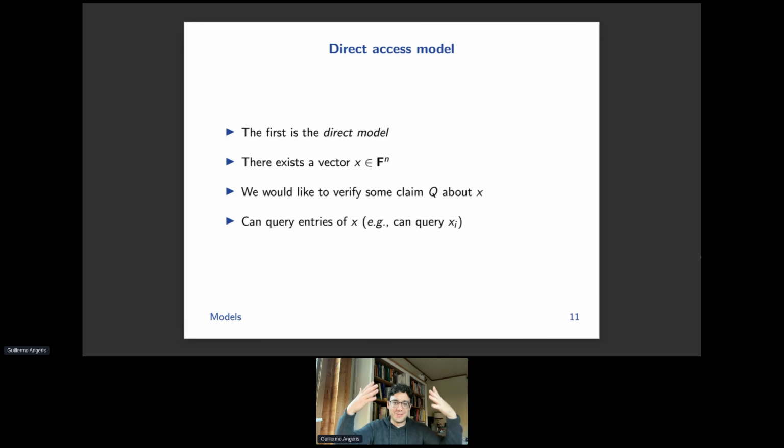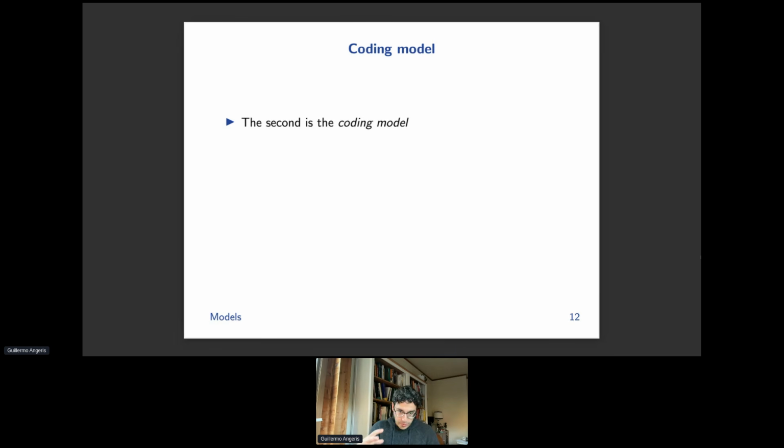I am simply querying x. You might think that's kind of weird, because it's very rare that we can do this, and we're going to discuss how one does this in a second. But if you assume that you are querying x, in some sense you've encapsulated some notion of interactivity between you and the thing that you're looking for. Okay, so that's one model.